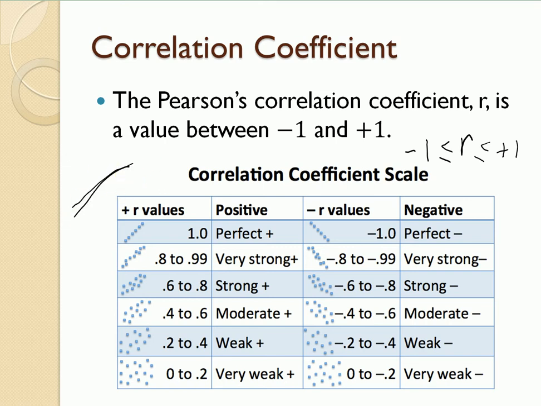This table here summarizes the correlation coefficient scale. That is the interpretation of the calculated correlation coefficient. Observe that as the values get further apart, the correlation coefficient gets smaller.